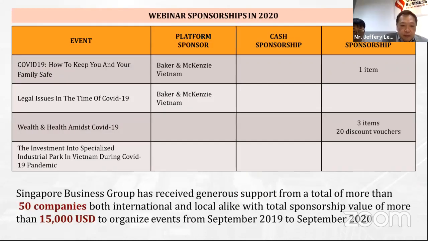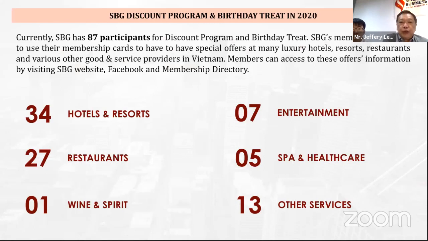Last but not least, we also have our discount program, where we continue to give our members special offers. So we are focused very much on hotels and restaurants, as they need a lot of support from us, and also for entertainment and spa and healthcare.